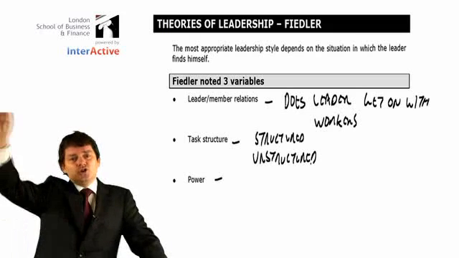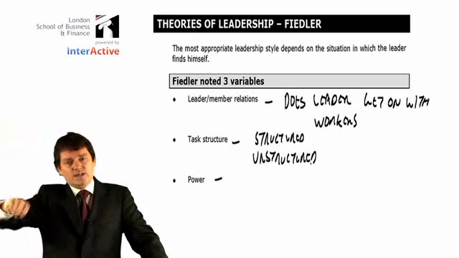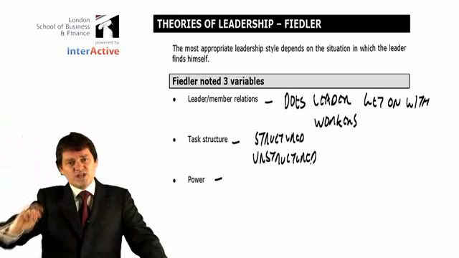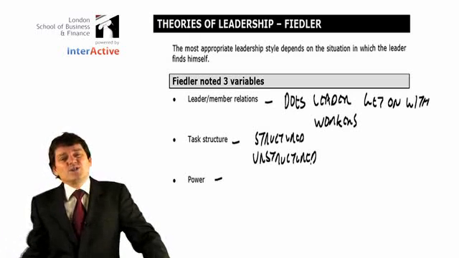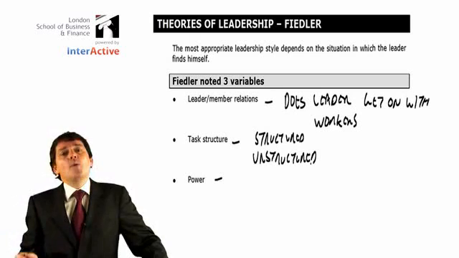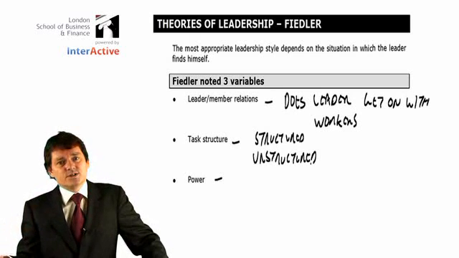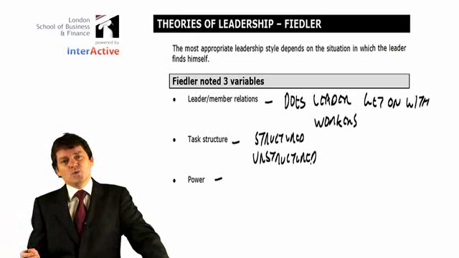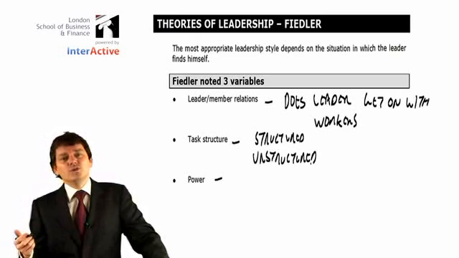You have got a task, you do this, followed by this, followed by this, followed by this. If you follow those 4 steps, you will complete the task. Now, I suppose a good example of a structured task might be something like calculating a variance when you are doing paper F2. So if you're doing a material price variance, what do you do?